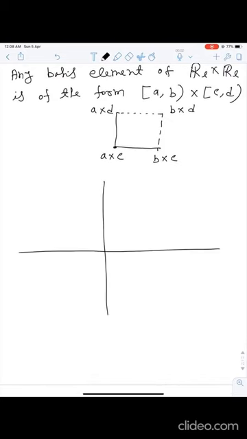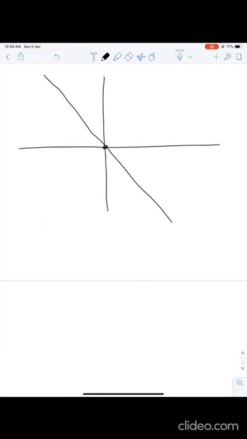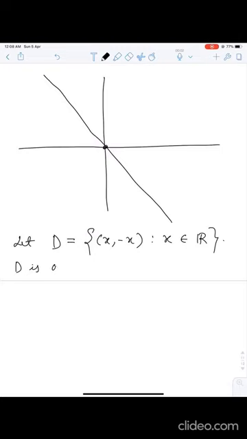Now consider this diagonal. Let D be the diagonal, which is x comma minus x, where x belongs to R. Then D is a subspace in that RL cross RL, right?